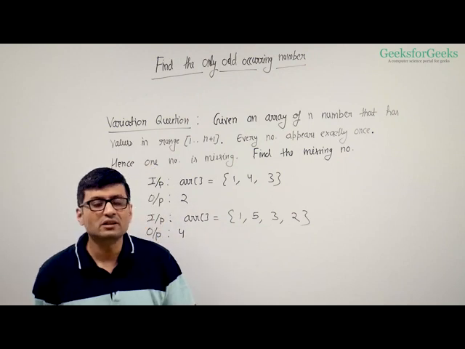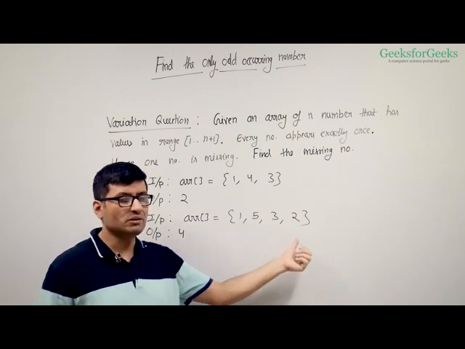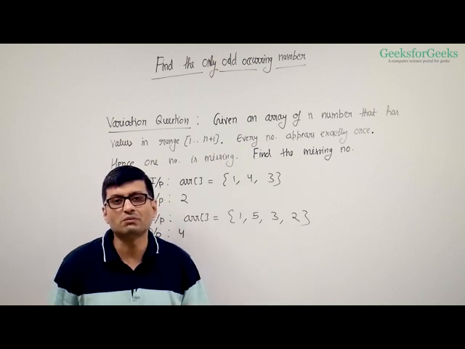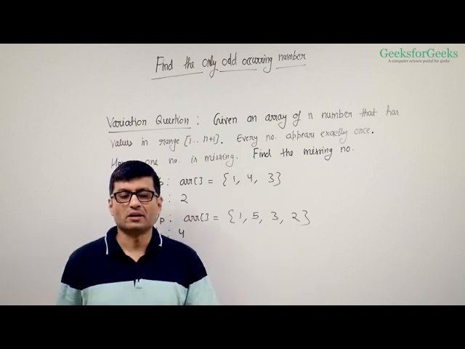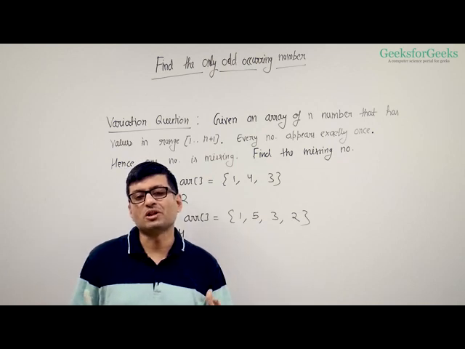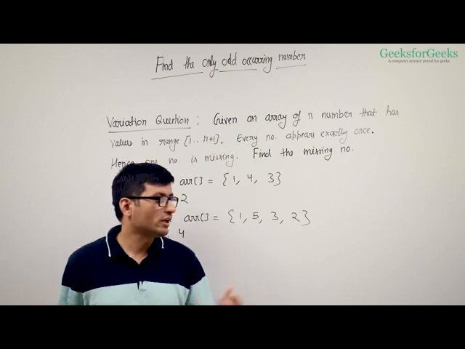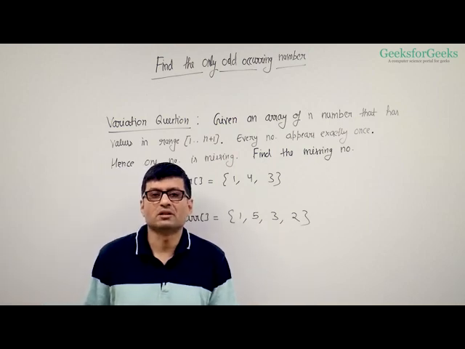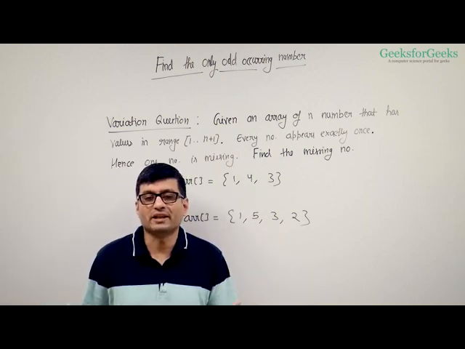A hint for the solution: it's the same method that we have just discussed. The idea is you simply do XOR of all the array numbers and then you do XOR of the result with all the numbers from 1 to n plus 1. When you do this, the missing number will appear exactly once.